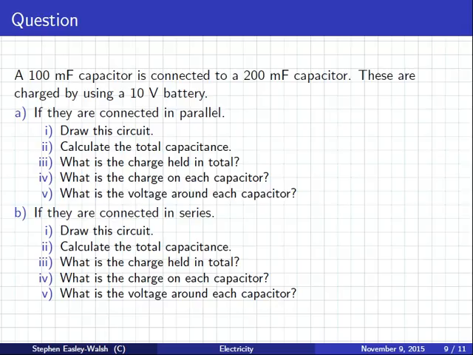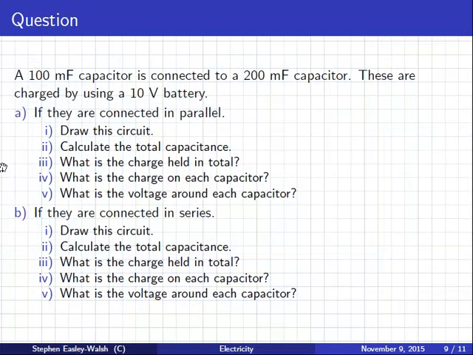Yeah, got that? Yes? So we'll draw it first. So you have a 100 millifarad, a 200 millifarad and a 10 volt battery. Amanda, Grace, ready? Yeah.